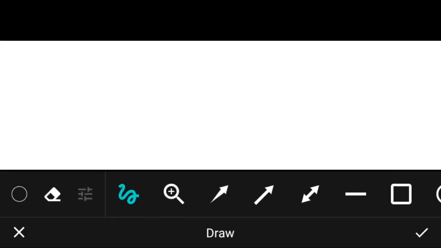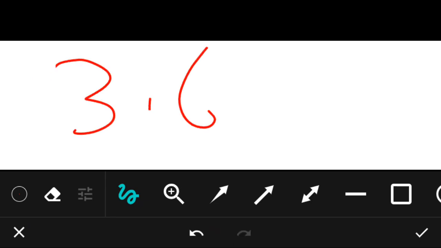The quickest way is just by dividing by 3.6. If you've been given a number, any given number, and you want to convert from kilometer per hour to meter per second, the quickest way is just to divide that number by 3.6. Then you are going to get the figure that you want in meter per second.